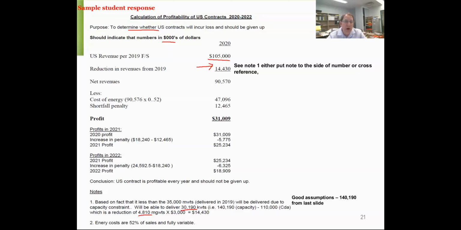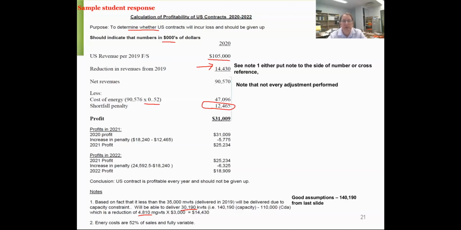We told you the cost of the energy was 52%. I think energy costs were 52% of sales and fully variable, for the cost of the energy. And I got integration. Now, people, I'm missing some stuff here. This is not every adjustment. Remember, this is a sample student response, up at the top here.